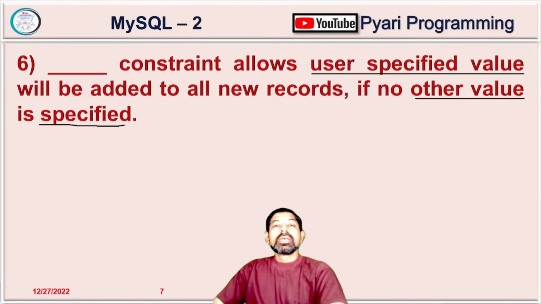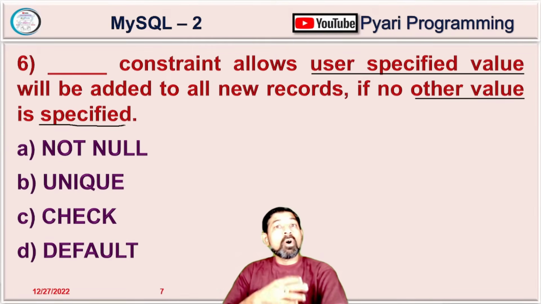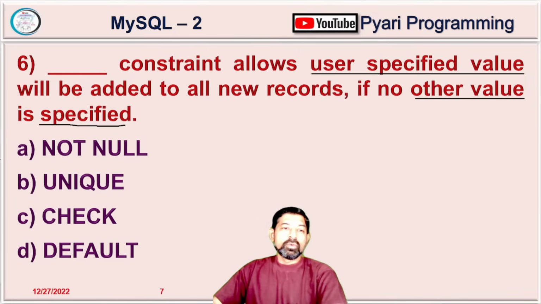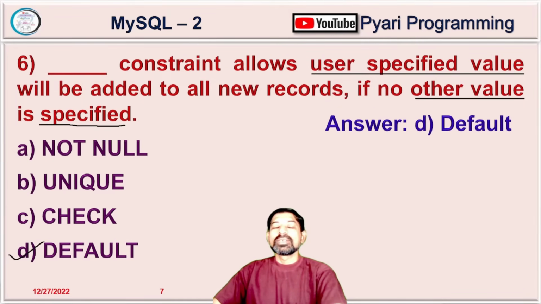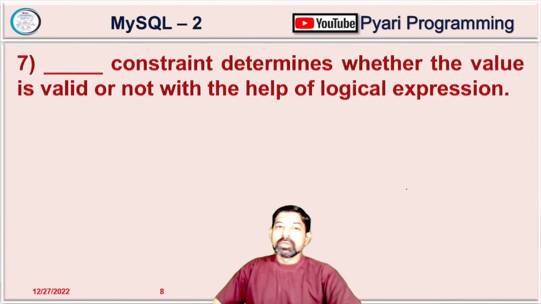That means if the user is not entering any data in a particular column, it should take some data which is already specified by the user. So NOT NULL cannot be it, and as I already told you, UNIQUE and CHECK cannot be it. Yes, DEFAULT can be it. So the answer is DEFAULT.